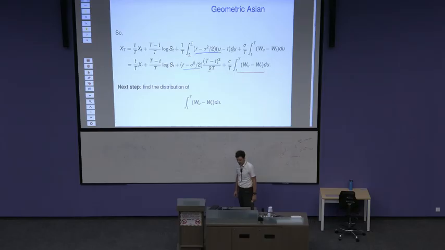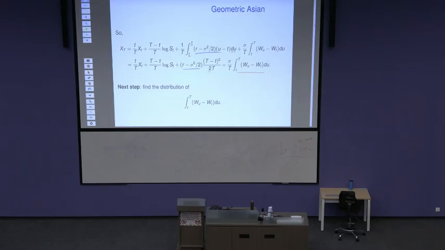Okay, and so we want to understand this integral. So we're integrating more or less over Brownian motion, or over increments of the Brownian motion, and we try to understand what the value is. But actually, we don't need to compute the exact value. What we actually are interested in, because we want to compute the expected value of this, is really the distribution of this object, because then we can evaluate the integral.